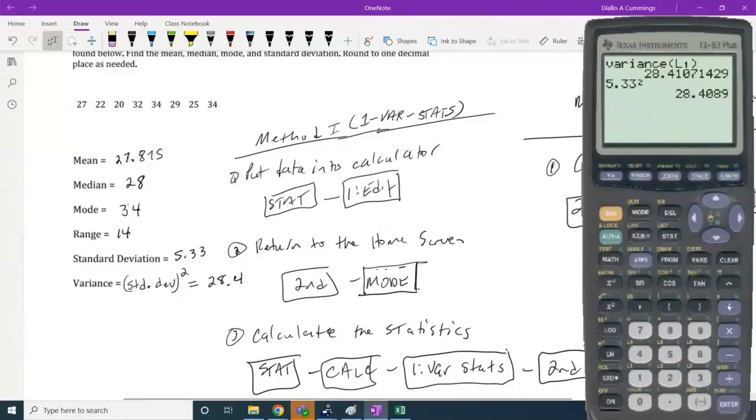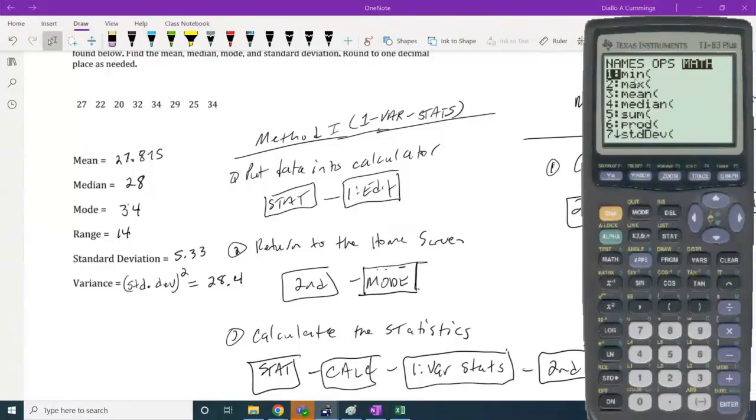Or you could use a list function. Like I could use this list function to find the mean. I can just pick that third option, tell it which list I want, and it gives me 27.875.